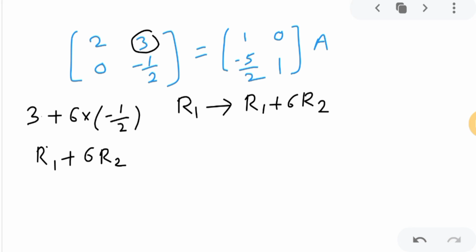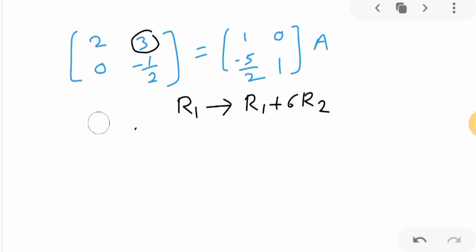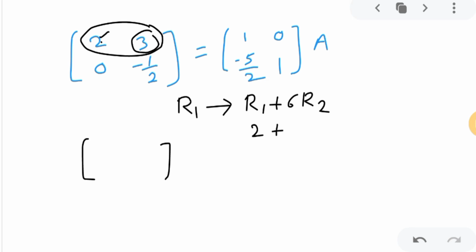Correct? Then only I will get this as 0. So now I will perform this operation on R1, so the R1 elements will change. This 2 will change as 2 plus 6 into R2.